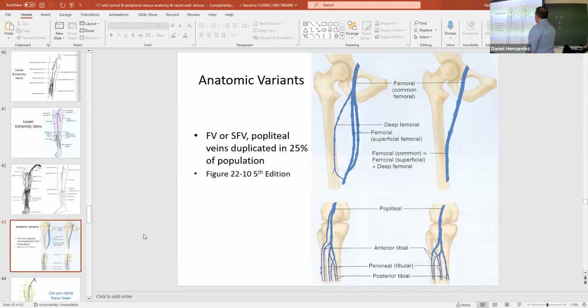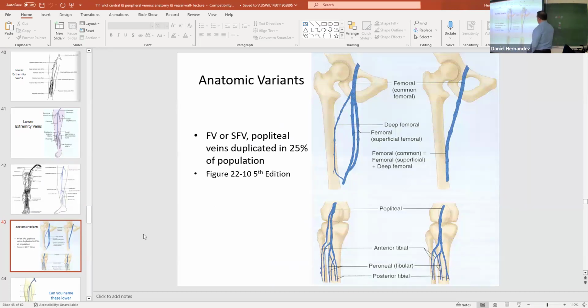We had talked about some anatomical variants that do exist. We said about 25% of the population will have a duplicated either femoral vein or popliteal vein. With that, we could see two femoral veins with the one artery. Typically, it's just one femoral vein coursing down the leg.